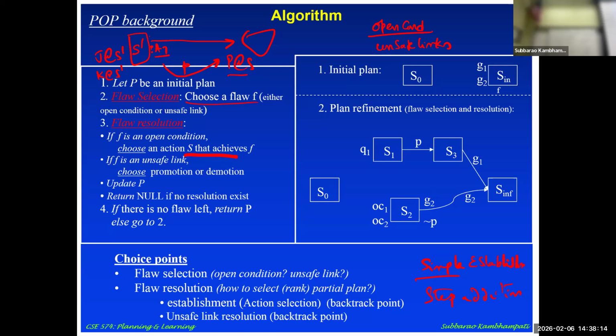It's a mess of things, but a big change from STRIPS. And one thing NOAH did is whenever there is a threat, it just assumes promotion will work. It turns out that's incomplete. So somebody else got to write a paper saying NOAH is incomplete.